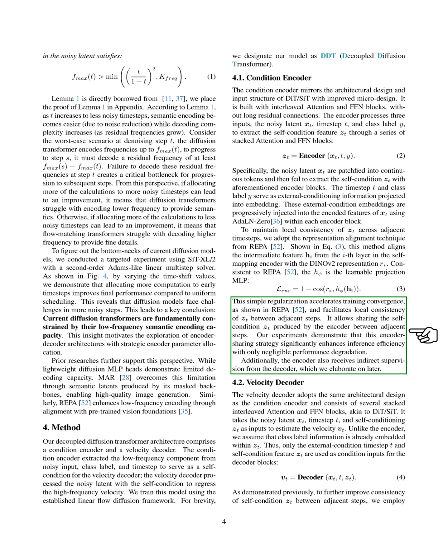We assume that the class label information is already included in the self-conditioning feature, so we only use the time step and the self-conditioning feature as inputs for the decoder blocks. To enhance the consistency of the self-conditioning feature between adjacent steps, we use a method called AdaLN-Zero to integrate this feature into the decoder.